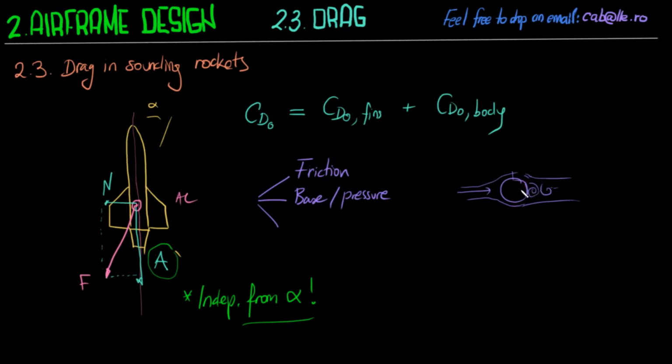This lower pressure will cause some suction and some base drag or pressure drag. The same happens with the body. In the fins, because the fins are so thin, we don't really have this, because theoretically, if our wings don't stall, the boundary layer is going to be attached. So in our model, we're not going to have base or pressure drag on the fins.